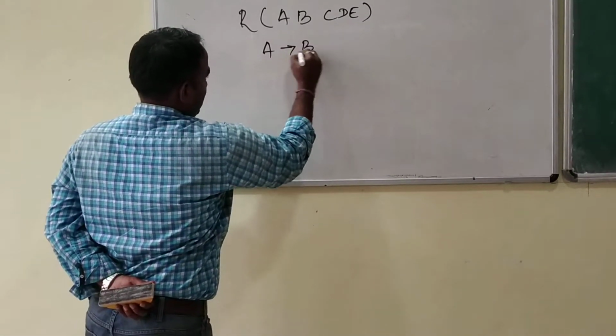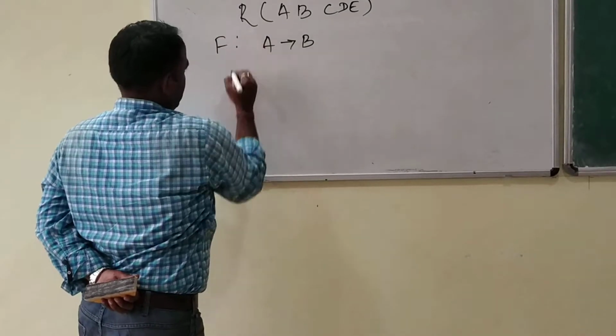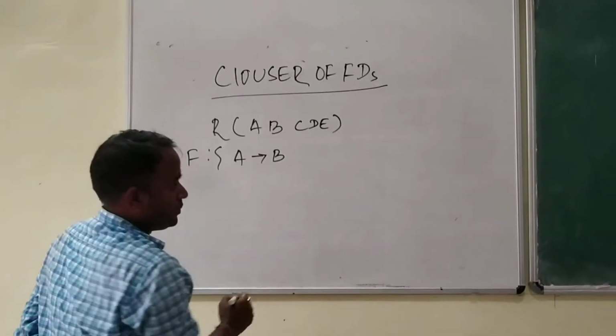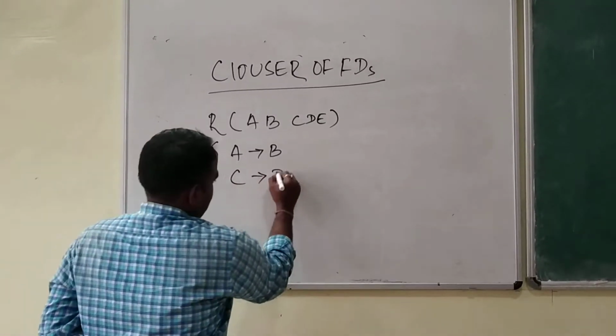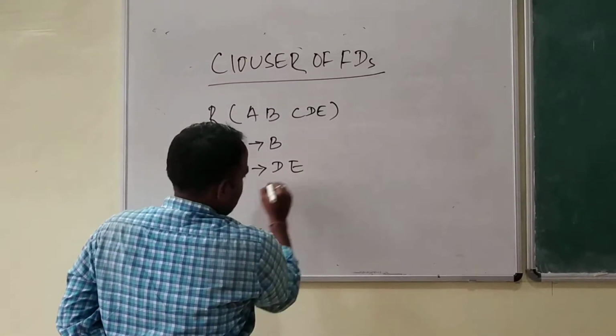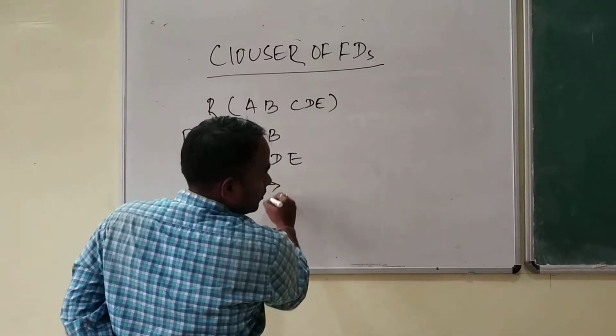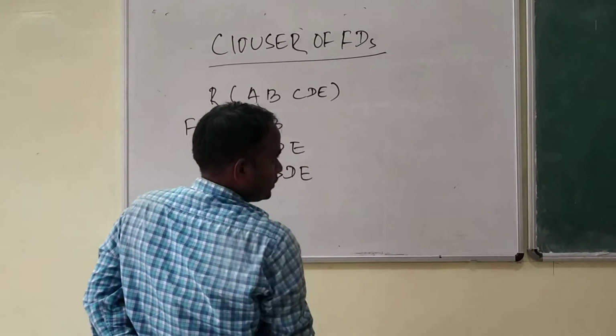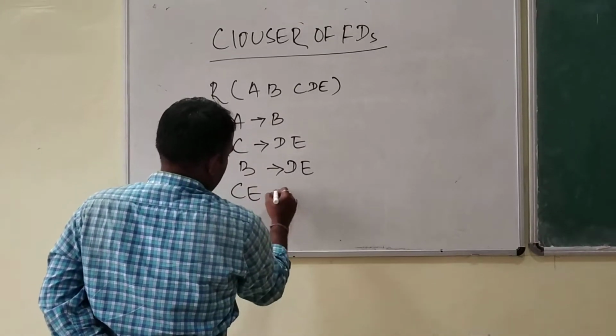Let's say the functional dependency set is F. F has functional dependencies A determines B, C determines D, E, B determines D, E, and CE determines A.